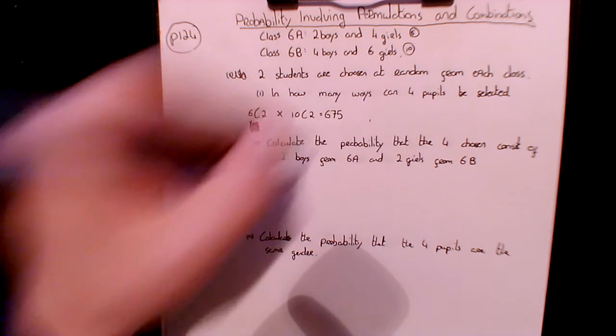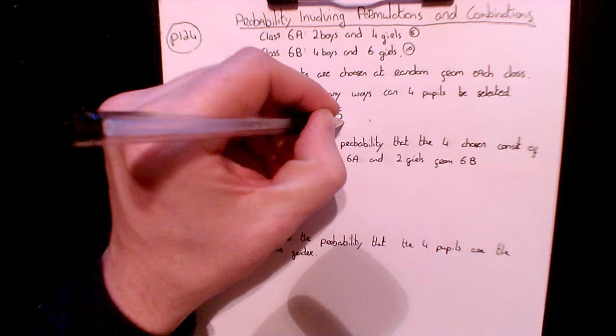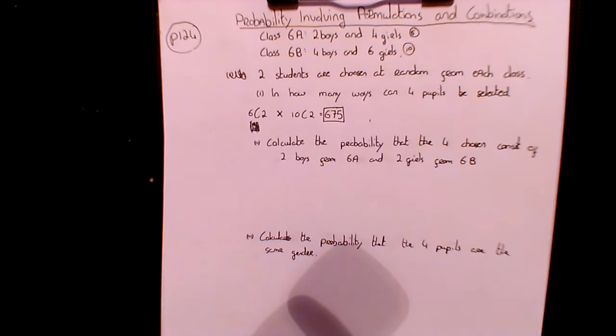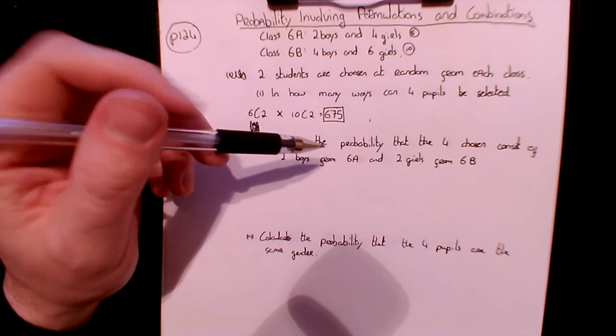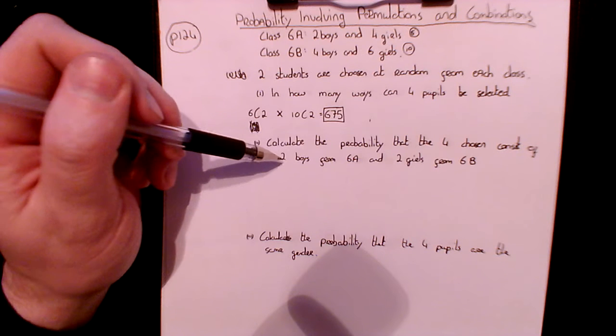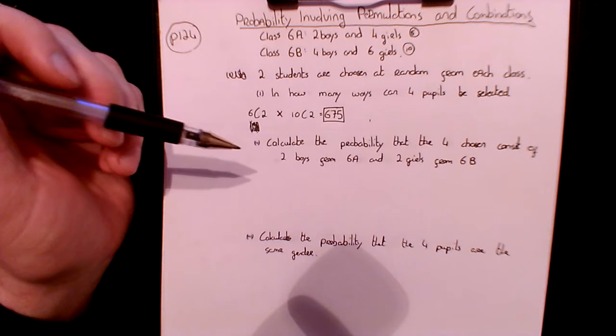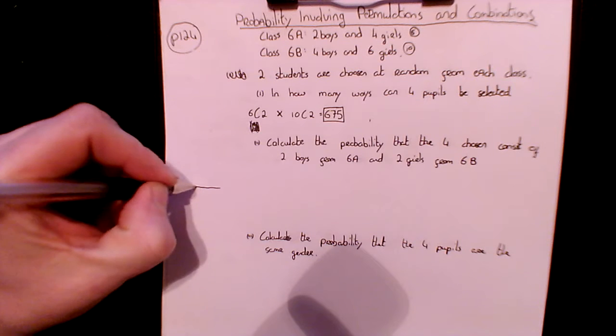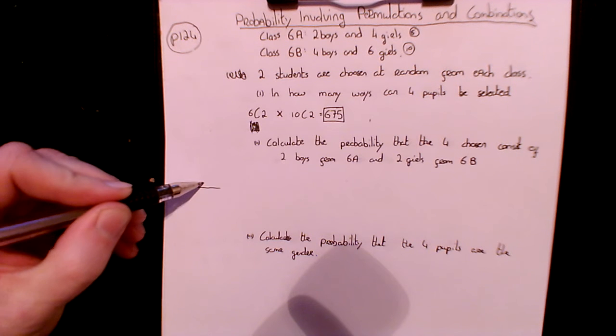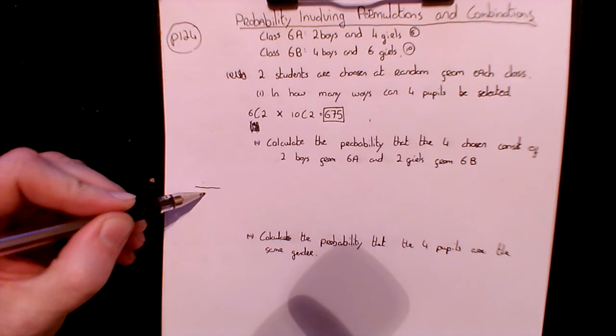Okay, so this will help us now solve these other questions. Calculate the probability that the 4 chosen consists of 2 boys from A and 2 girls from B. Now we know probability is the number of successful trials over the total number of trials.